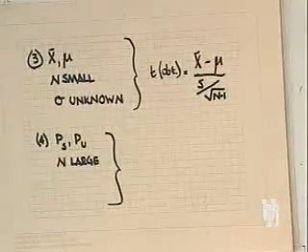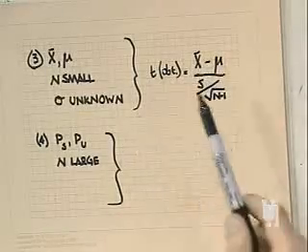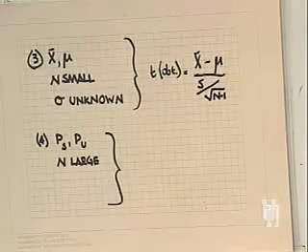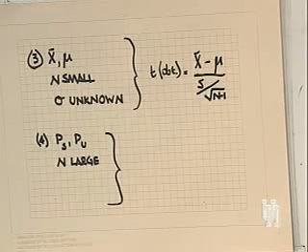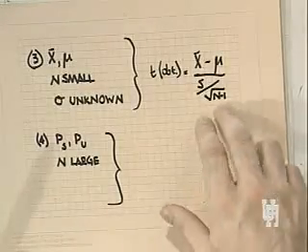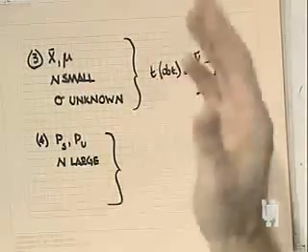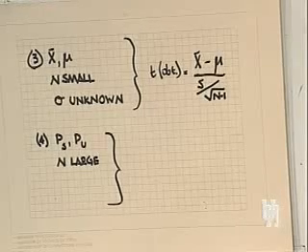You say, well, why do you use a t-test if you're going to use exactly the same formula? And the answer is that the critical difference in situation 3 is not in the formula to compute the observed value, but as we shall see, in the way that you define the critical value.